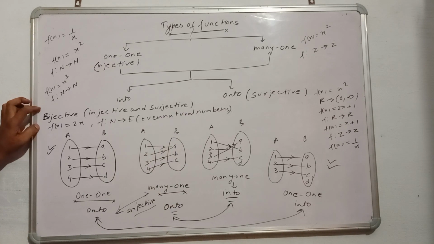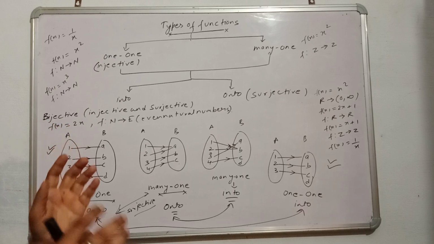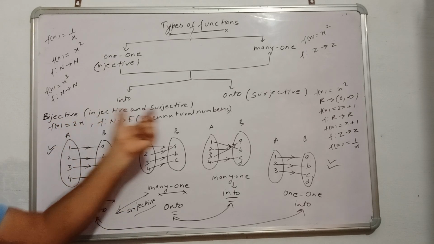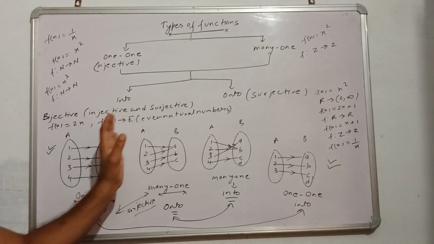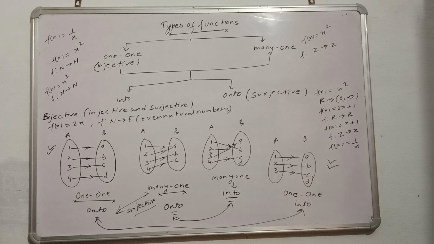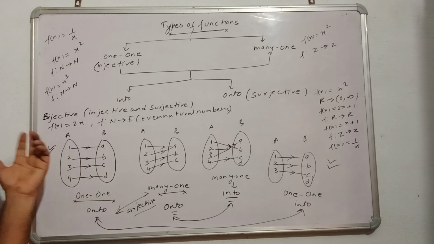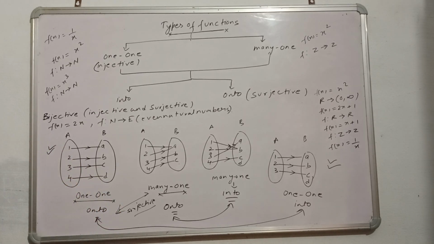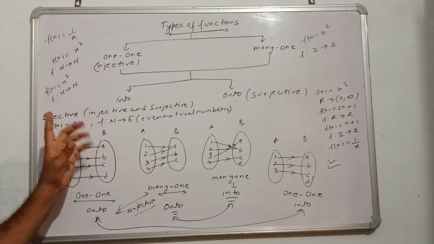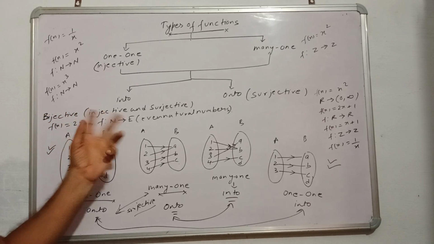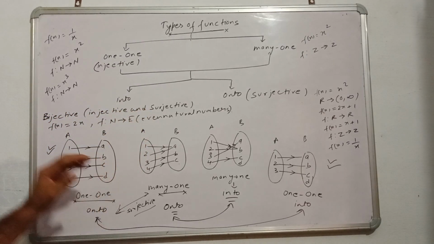Now see one more type: the bijective function. Bijective means a function showing both properties, injective also and surjective also. That type of function will be called a bijective function.